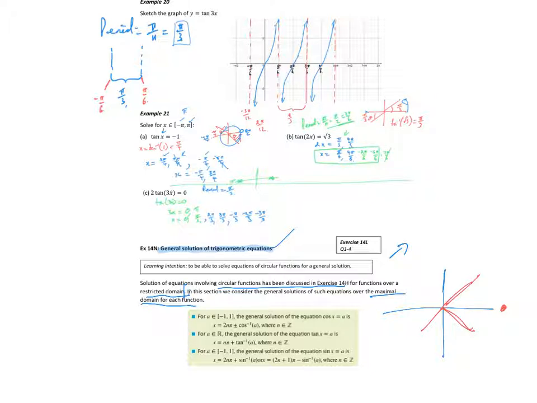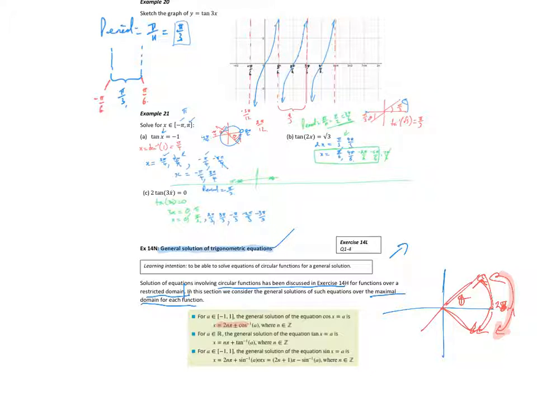So my solutions are 0 plus the angle, 0 minus the angle, or we go around to 2 pi plus the angle, 2 pi minus, then around to 4 pi plus, 4 pi minus. So my general solution for cosine is 2n pi, which gives me a way of getting 2 pi, 4 pi, 6 pi, plus cos inverse or minus cos inverse. That way we're just working up and working down.